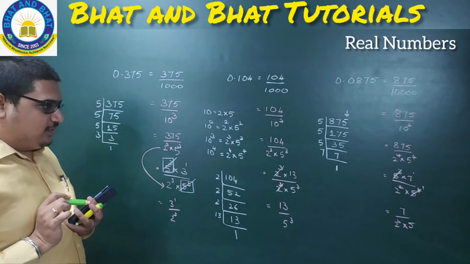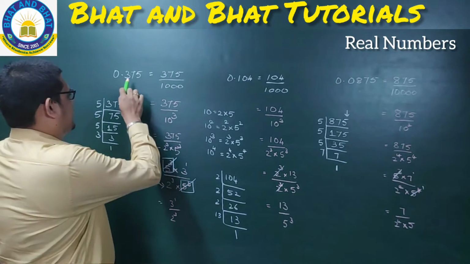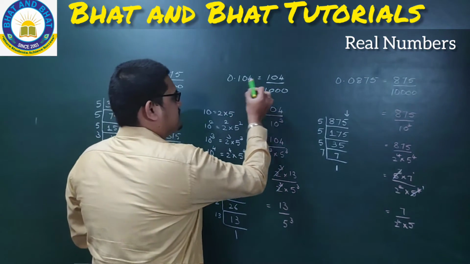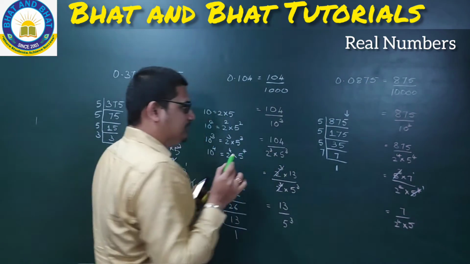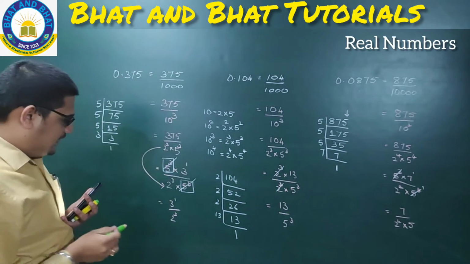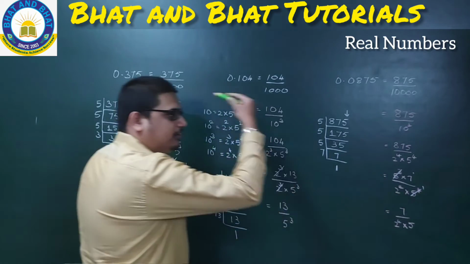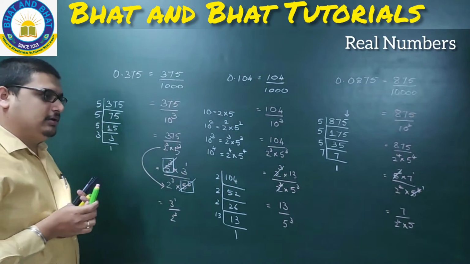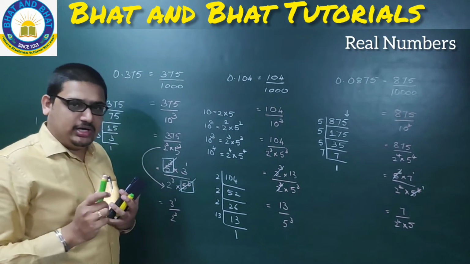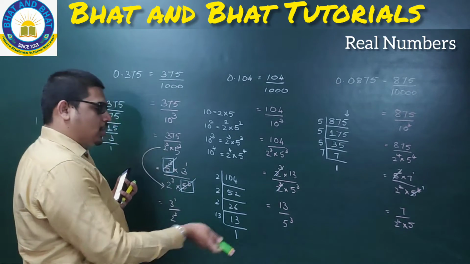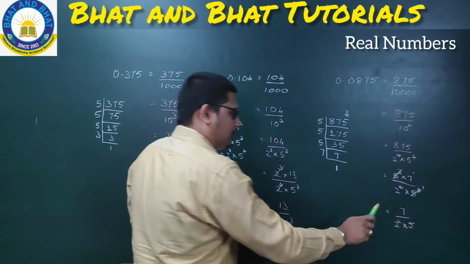So, if the given decimal expansion is terminating, what we observe here is that in the denominator of the p by q form of the given decimals, the factors involved are powers of 2 or powers of 5 or both.